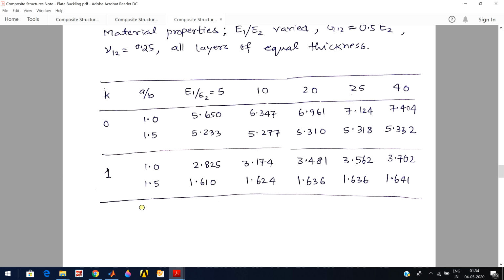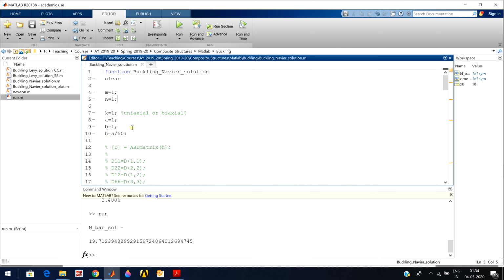Now let me go back to my MATLAB calculation here. This MATLAB calculation is for the Navier solution, and here m is equal to 1 and n is equal to 1 is the first calculation we'll do for these two values. And k is equal to 0 is for uniaxial, so let's make it 0 first.